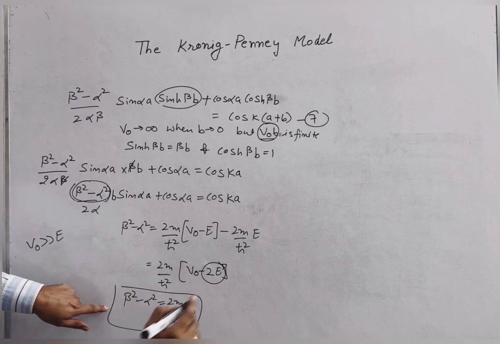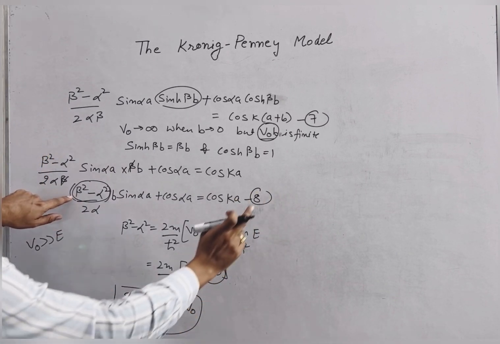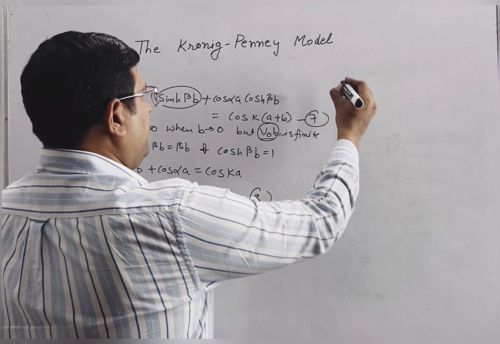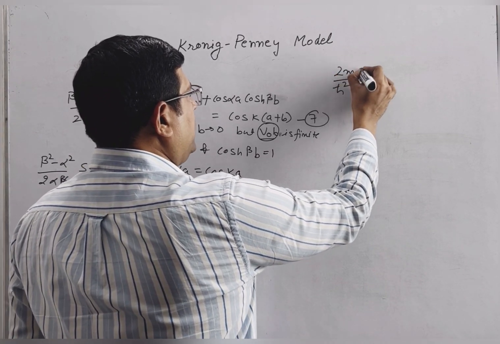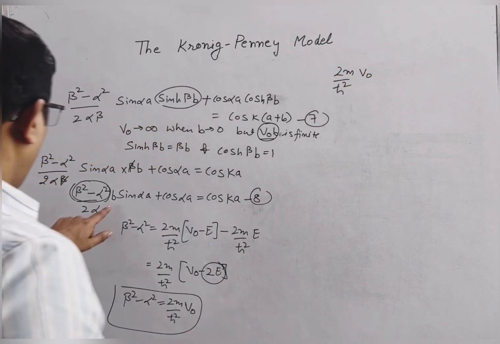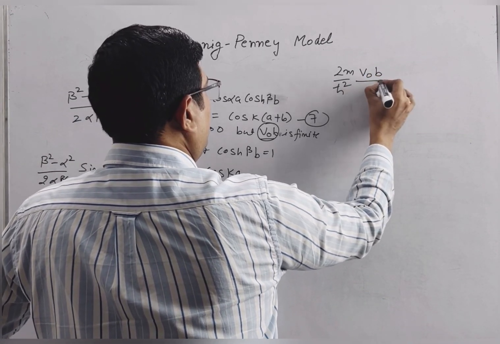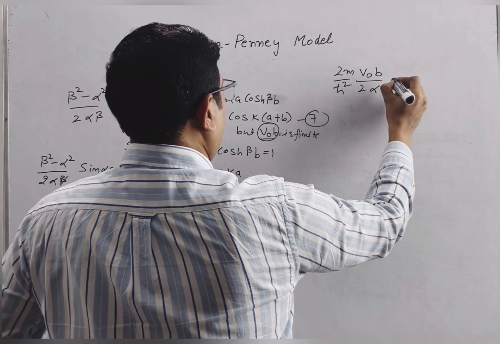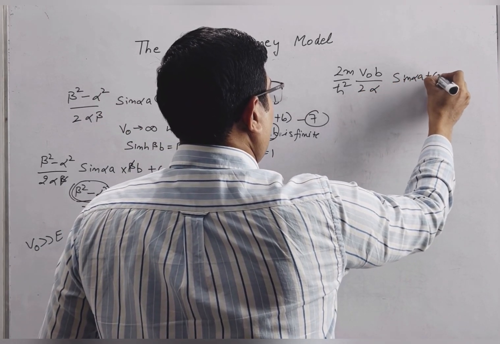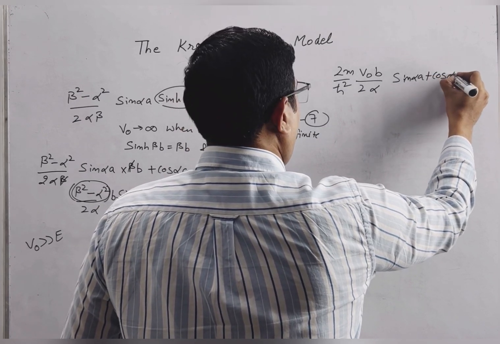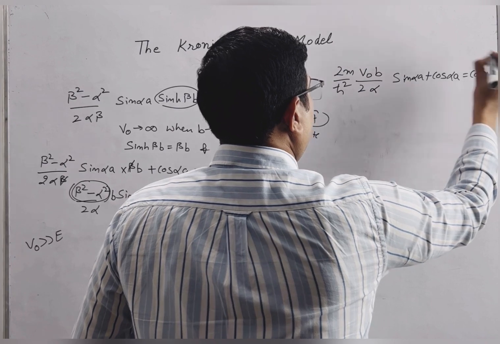Now put this value of beta square minus alpha square in equation number 8. We have 2m upon h cut square into V naught b upon 2 alpha, sin alpha a plus cos alpha a equal to cos ka.